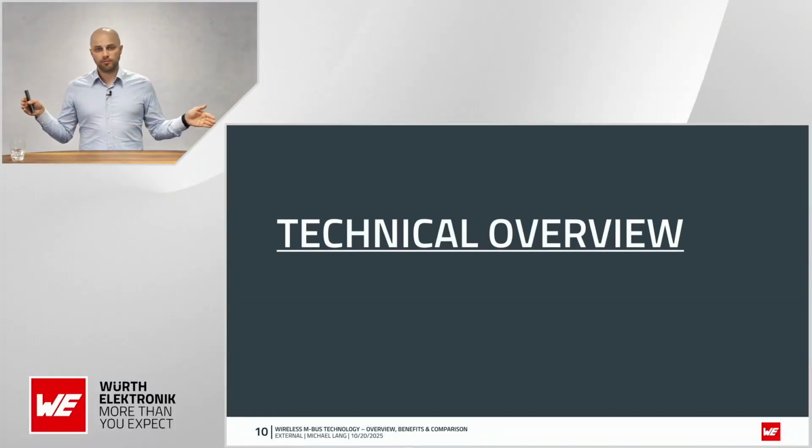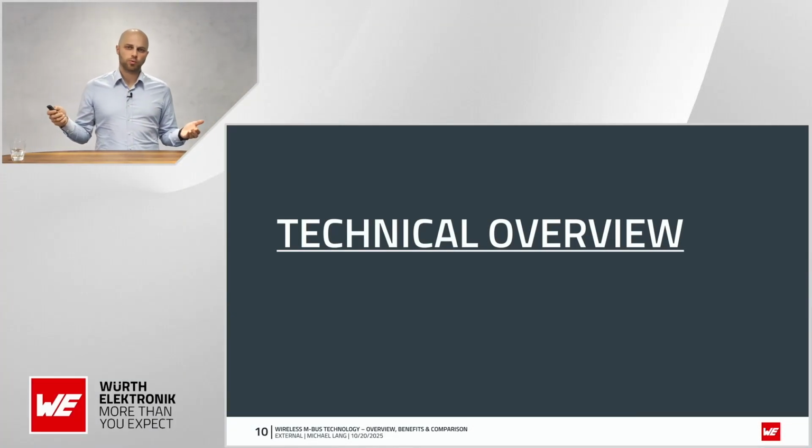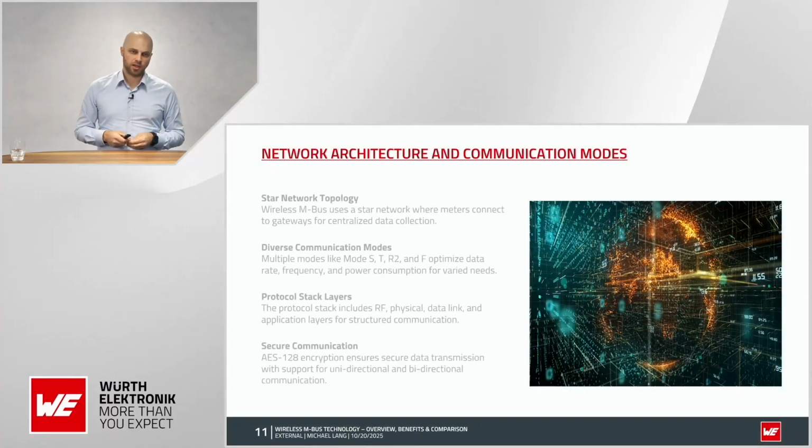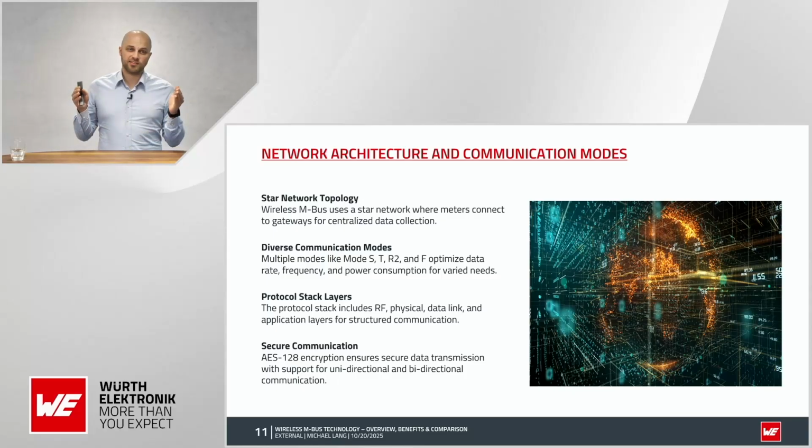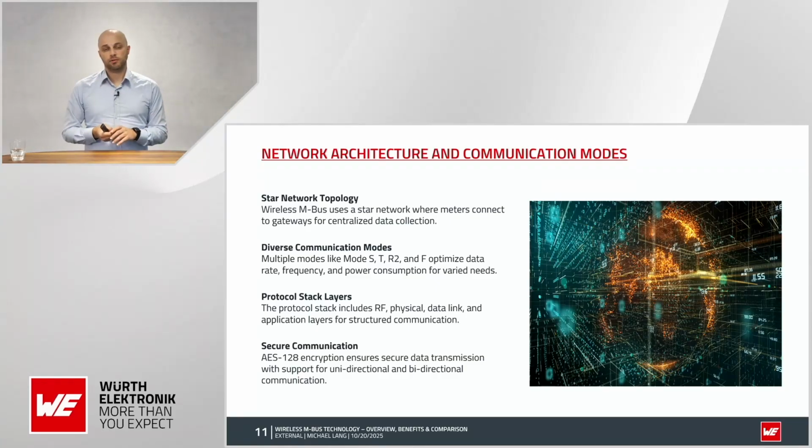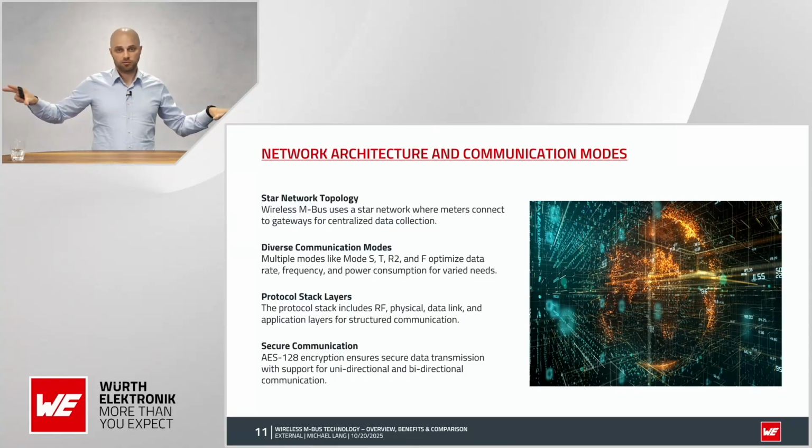With this, we come to the technical overview of the wireless M-Bus communication. First of all, it's a star network topology. So you have one gateway and dozens, hundreds of slaves around it, sending data to this gateway. And as we heard before, bidirectional communication is also possible, so you can also send information from the gateway to the nodes.